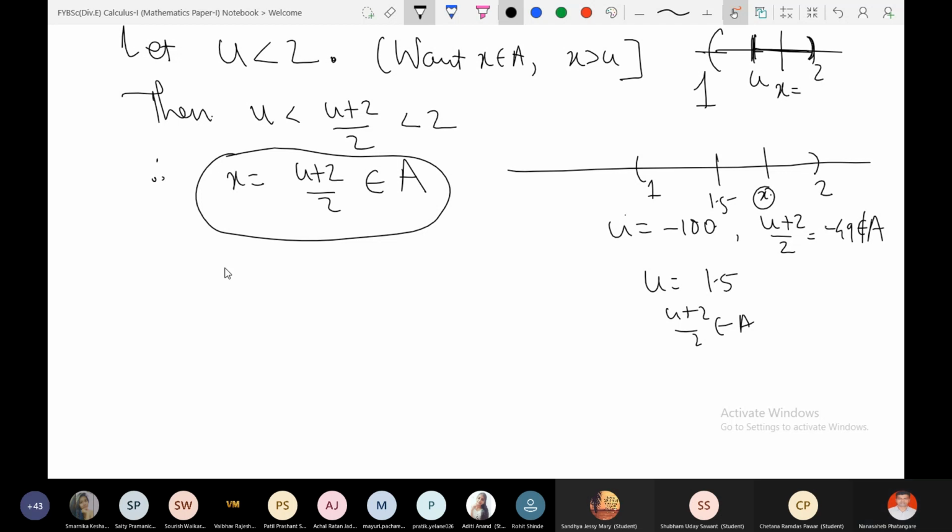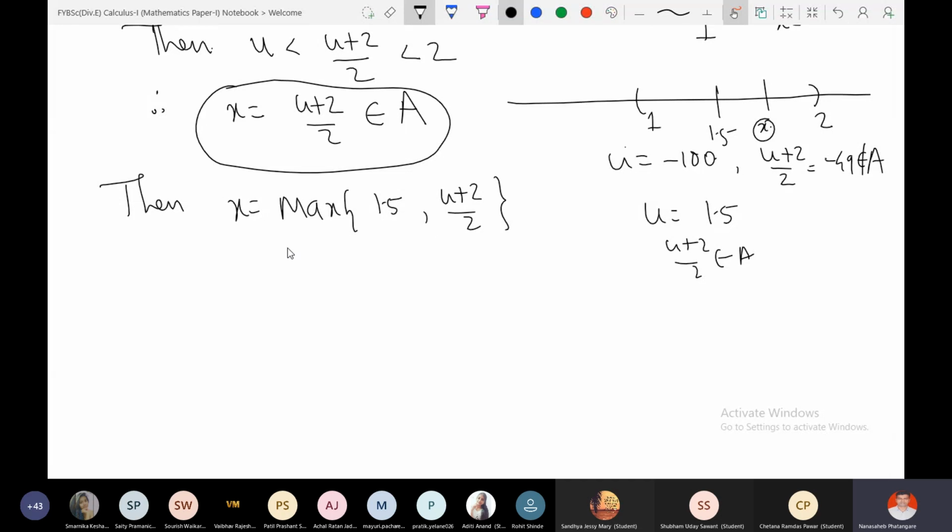Now what I will do is choose x equal to the maximum of 1.5 and (u plus 2) by 2. Do you understand what I am saying now? Why 1.5?